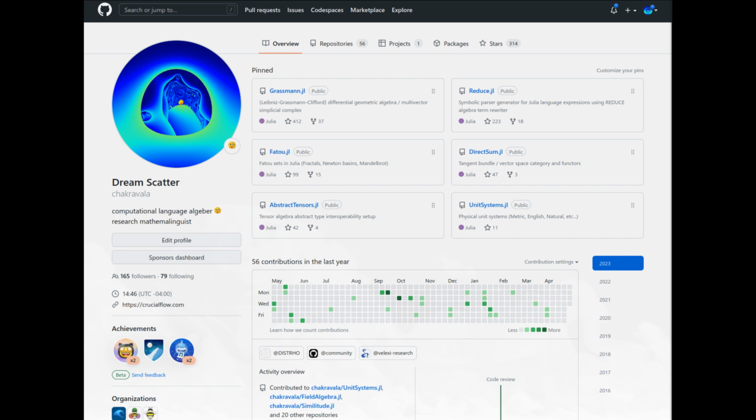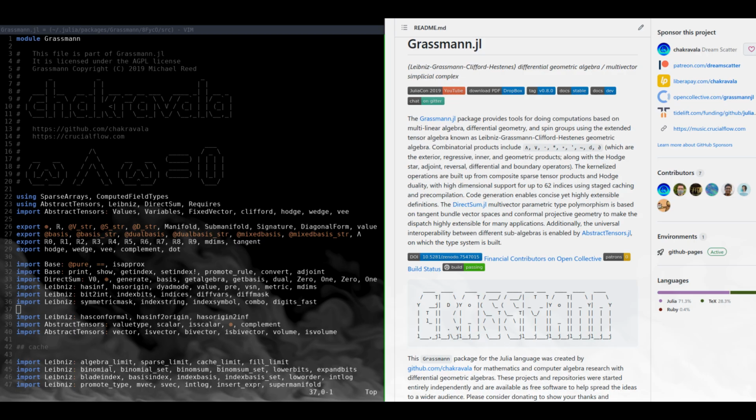I'm just trying to provide my perspective of how the foundations should be constructed for foundations of differential geometric algebra, and Grassmann.jl is a particular implementation of that in computational language, which manifests these abstract concepts I talked about in computational language. And using that, I verify my thoughts about it.